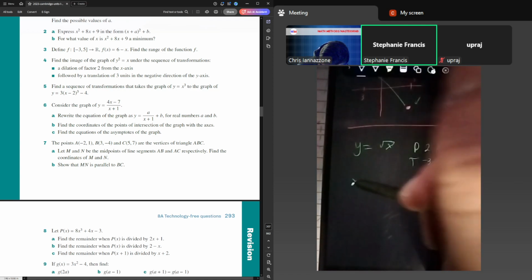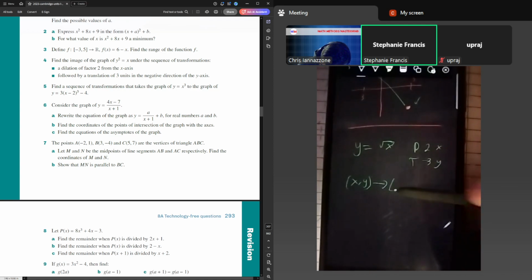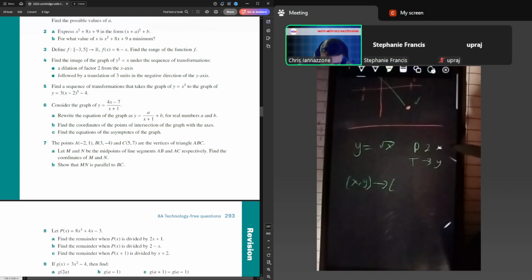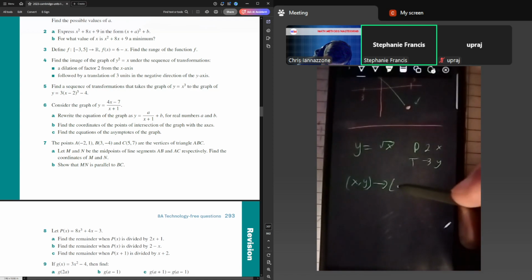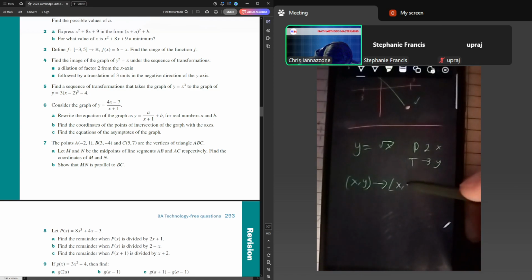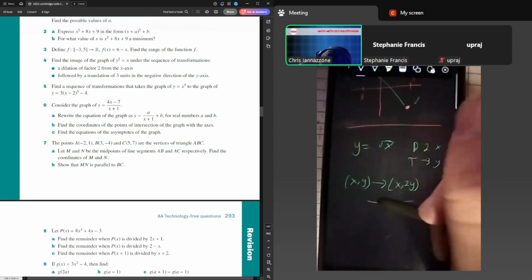So the mapping approach would mean starting at x, y, and then, well, what's the next one if we do our dilate of 2 from x? What do we get? 2x. No, 2y. 2y is correct, yeah. So the keyword from means you do the opposite variable. If it said along, then you would keep the same variable. But yeah, good catch.